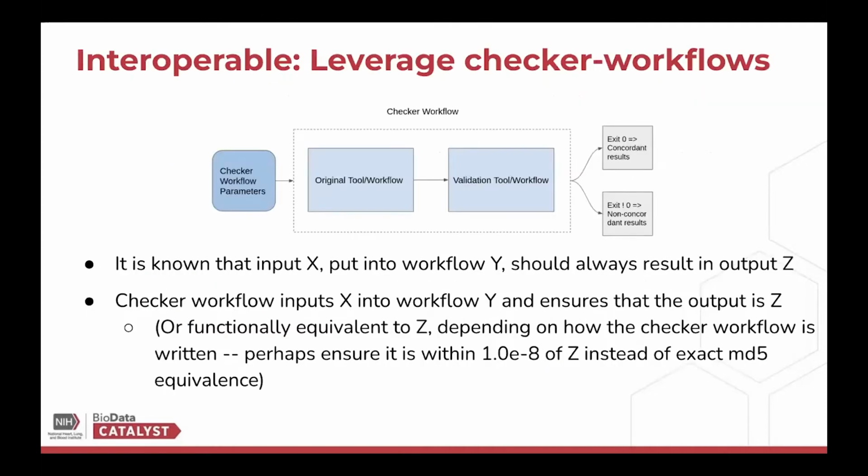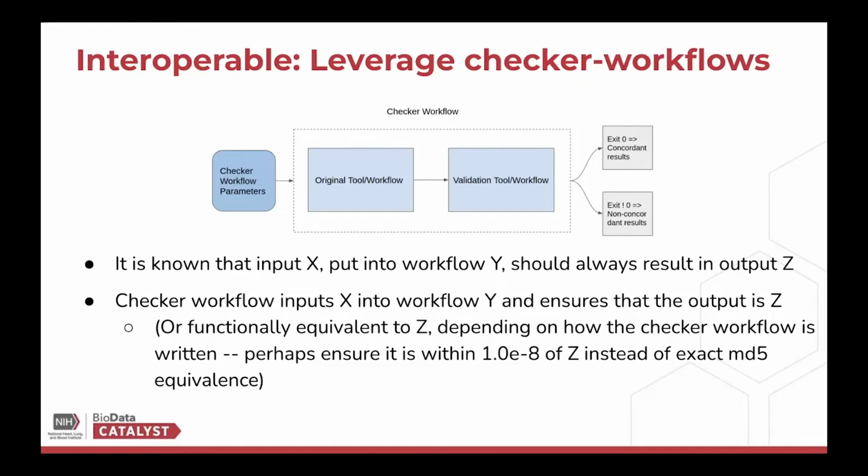If you're not familiar with checker workflows, it's essentially a wrapper around your original workflow. So let's say that you have a known input and you know that it should always result in a certain output. A checker workflow will put in that input and make sure that the output matches what you expect.